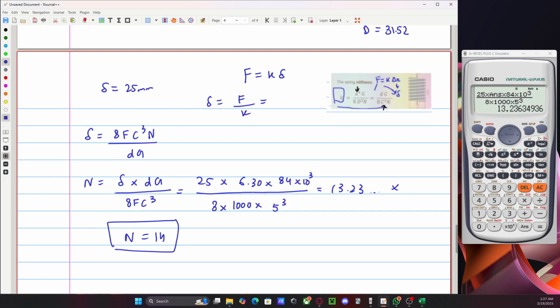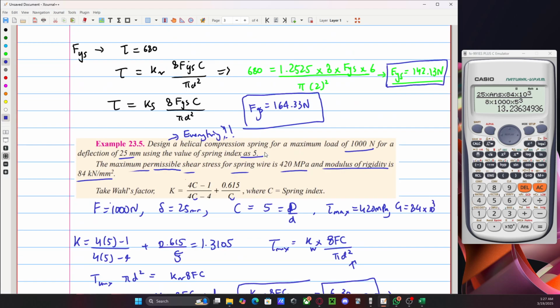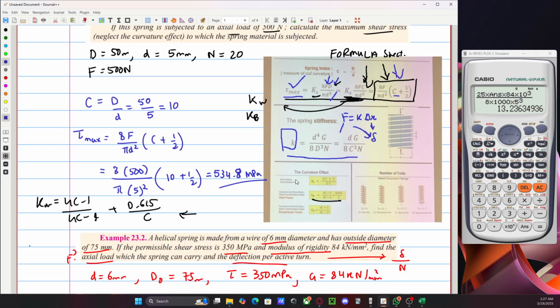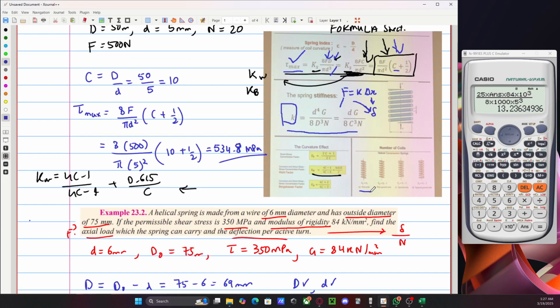Okay. Now, we're not told what type of ends this has. But we are told initially: for plain ends it's just n. For squared and ground ends we add 2. For squared ends we add 2 as well.